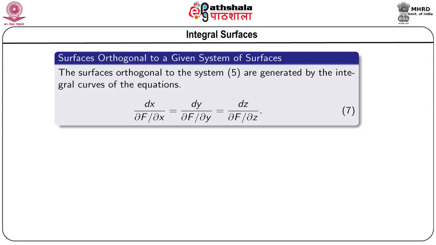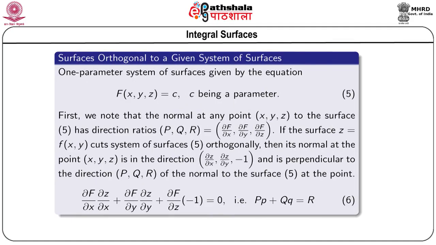So, the solution of equation 7 will give the solution of the quasi-linear equation 6, and that will be our required system of surfaces which are orthogonal to the given system of surfaces written in equation number 5.